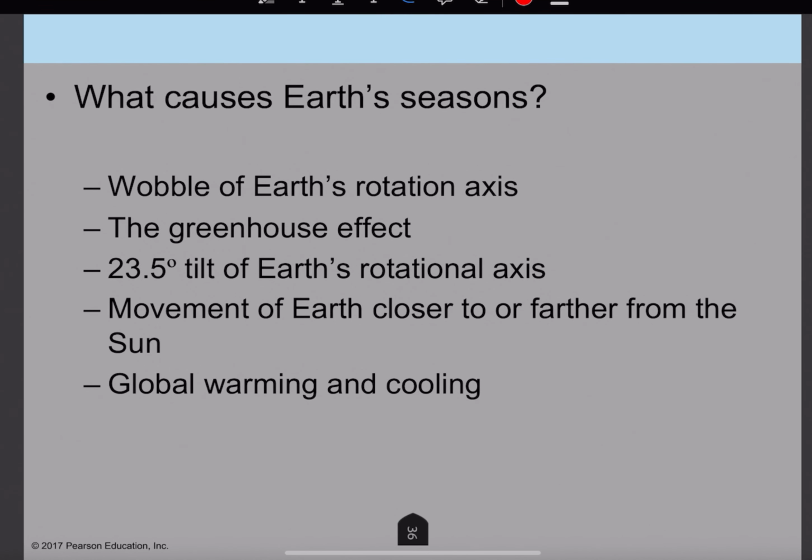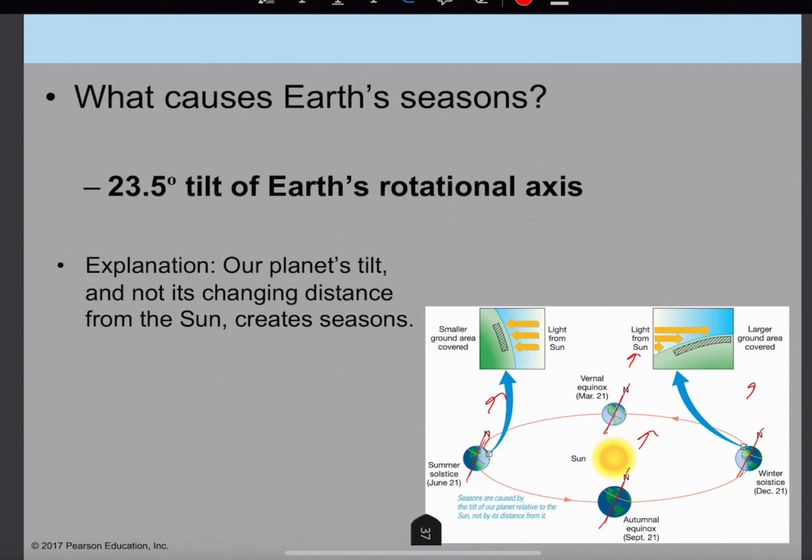Okay, next one. So what causes seasons on Earth? What causes Earth seasons? So what causes the seasons is Earth's tilt, and Earth's tilt is constant.